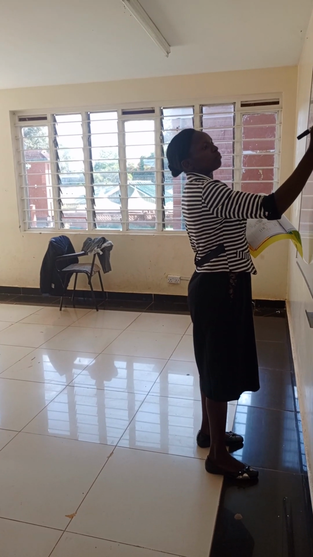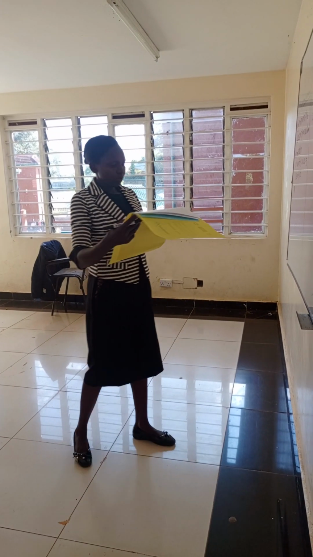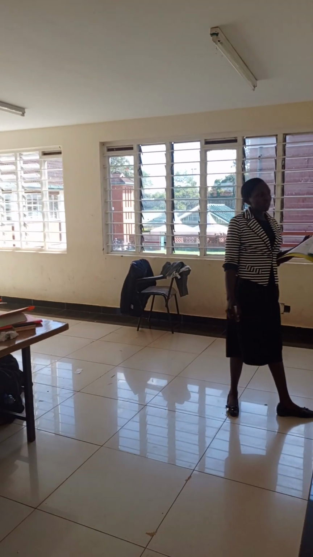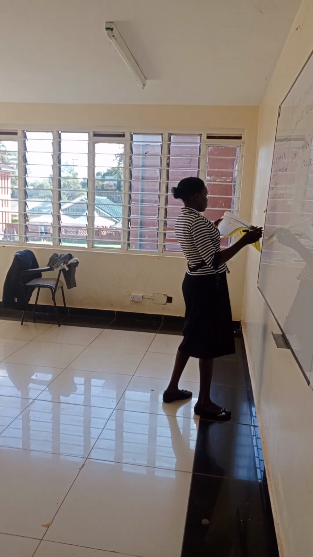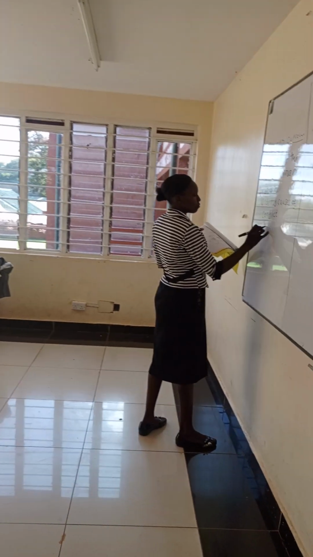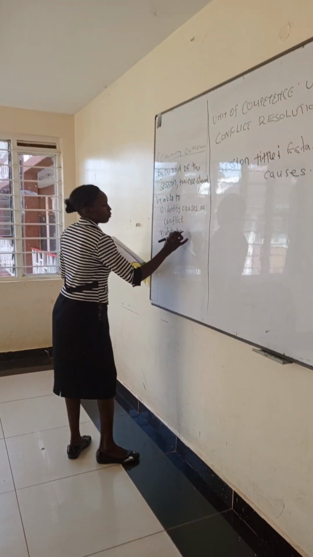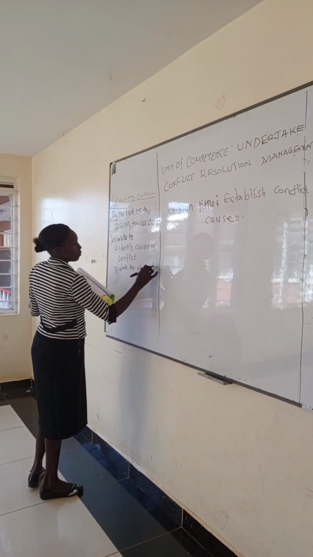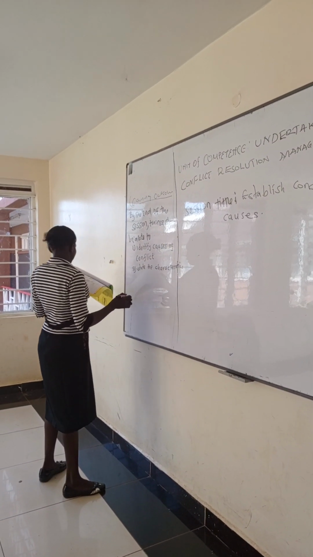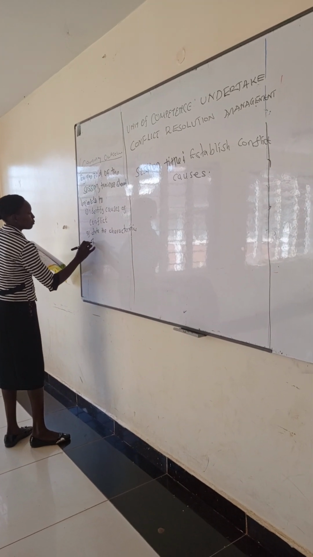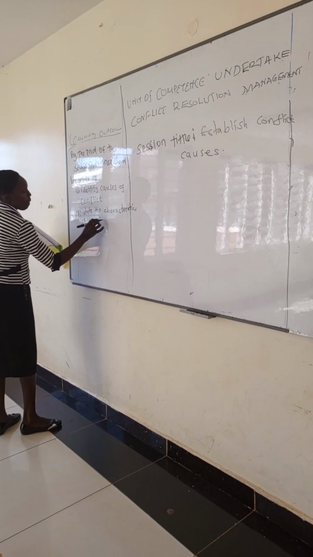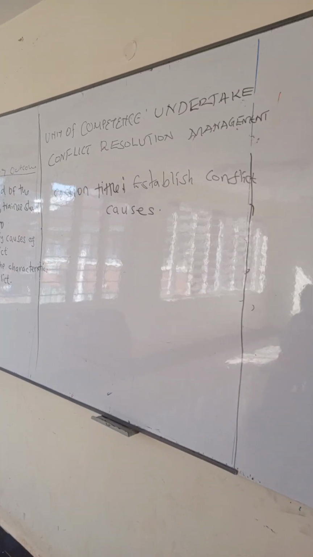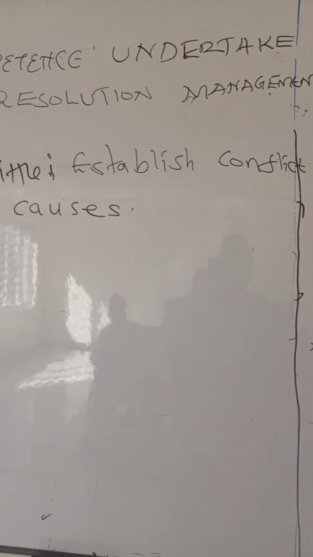Under our learning outcomes, the first one is to identify the causes of conflict, and the second one is the characteristics of conflict. So those are the things that we want to go through today in our session.